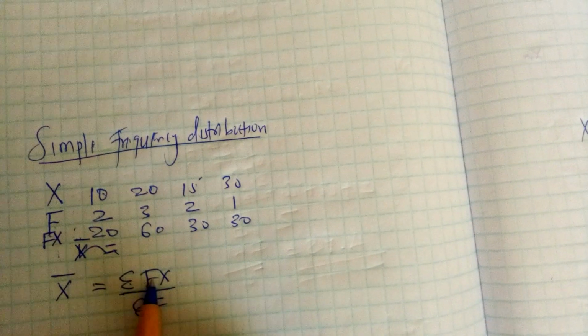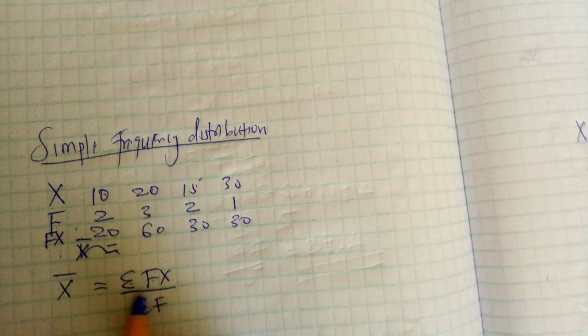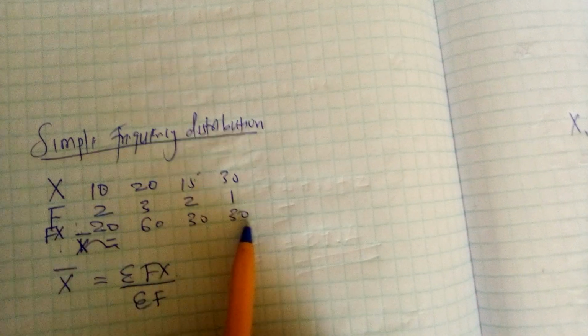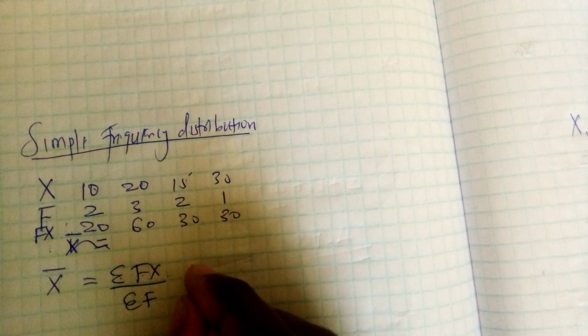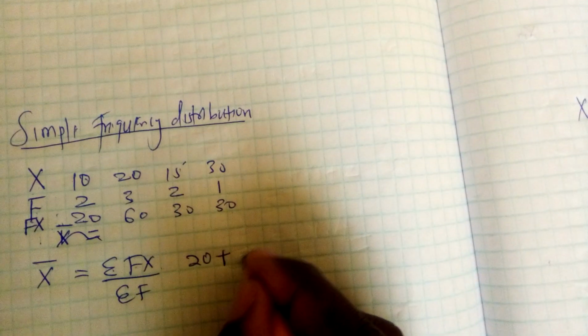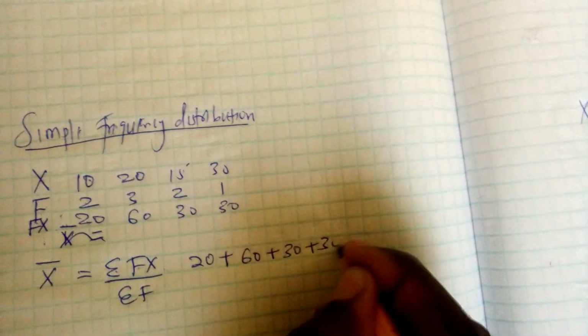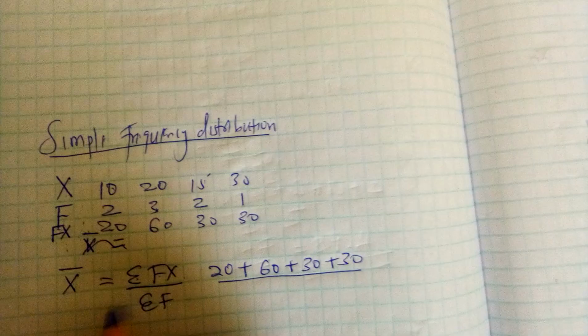So now the summation of fx, you'll be expected to get the totals of the values in the fx row. So this will be 20 plus 60 plus 30 plus 30, which gives you 80 plus 30, which is 110, plus 30, 140. Then you divide by the summation of f.